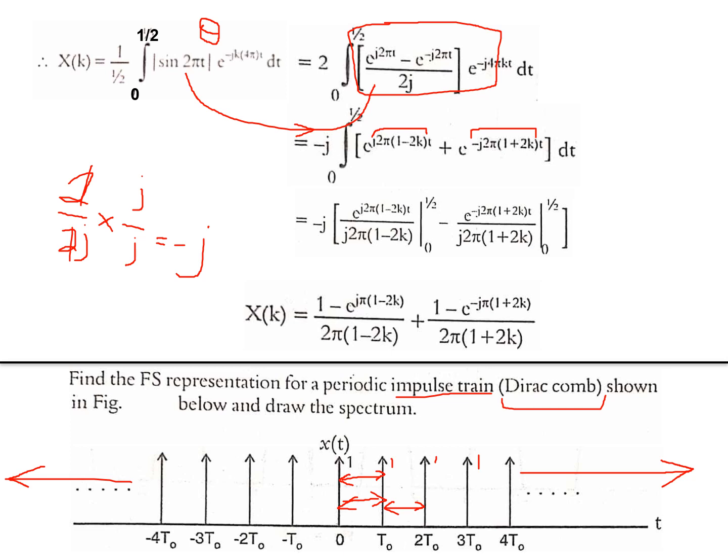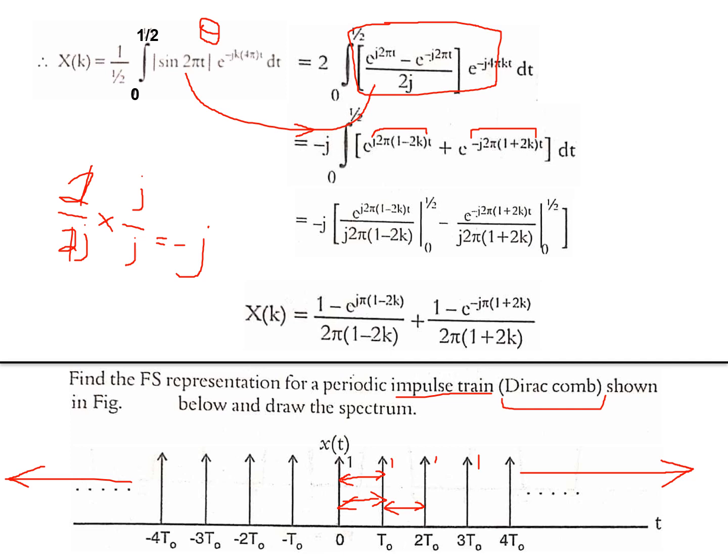For this particular time domain signal, what is the Fourier series representation, or what is the spectrum of this function? Because it is periodic, definitely you can find the Fourier series. It is very interesting to note that in this particular case, even the spectrum looks exactly like this.